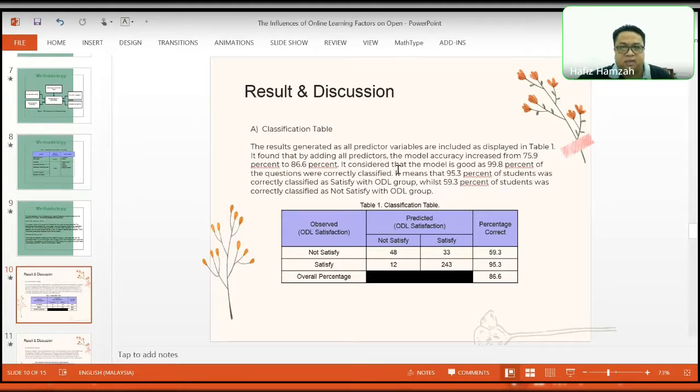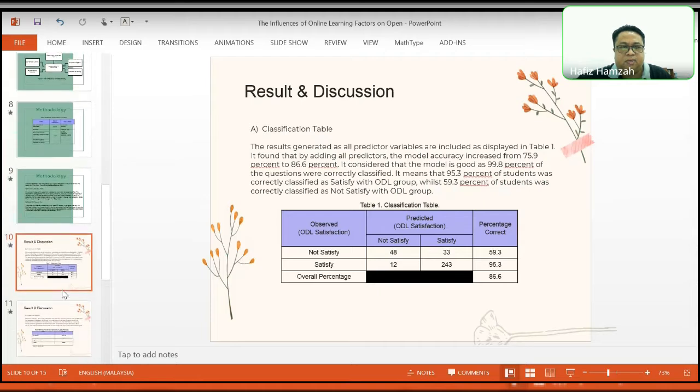So it is considered that the model is good, with 99.8% of the questions correctly classified. It means that 95.3% of students were correctly classified as satisfied with the ODL group, while 59.3% of students were correctly classified as not satisfied with the ODL group. So there are more students that are satisfied with the ODL group.